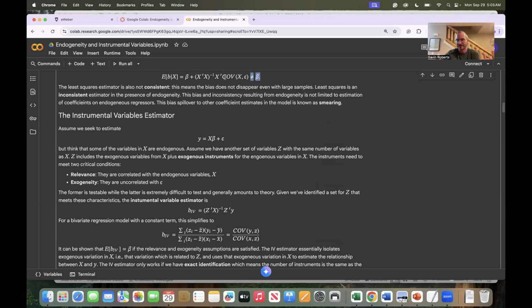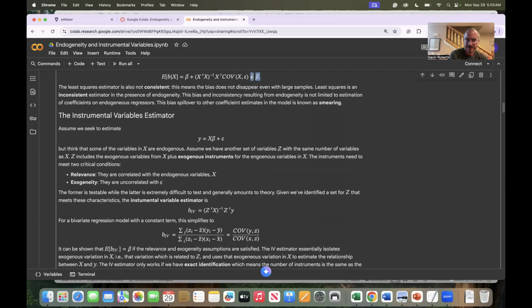Getting more data does not cause this to get closer to 0, because this is not 0 for a theoretical reason. And we kind of saw that at the very end of the first lecture. I did the big simulation, and we got the right parameters, but from a much smaller data set, by critically thinking about the endogeneity and simultaneity issue in that example. So inconsistency essentially means that even if we have more data, that's not going to fix this problem.